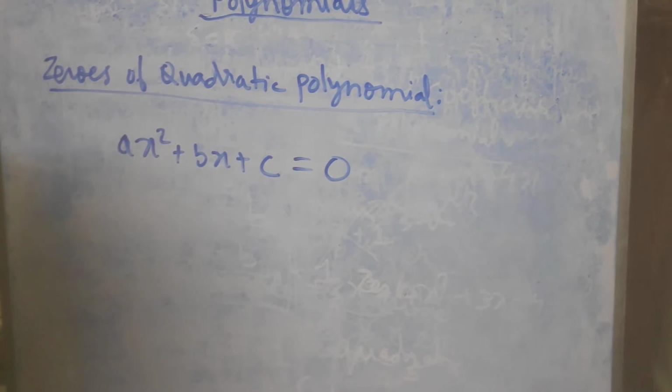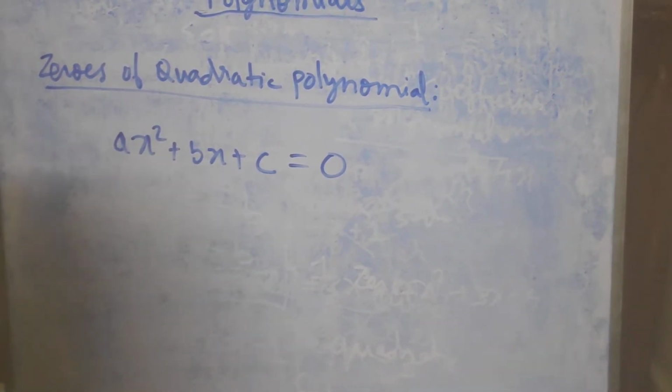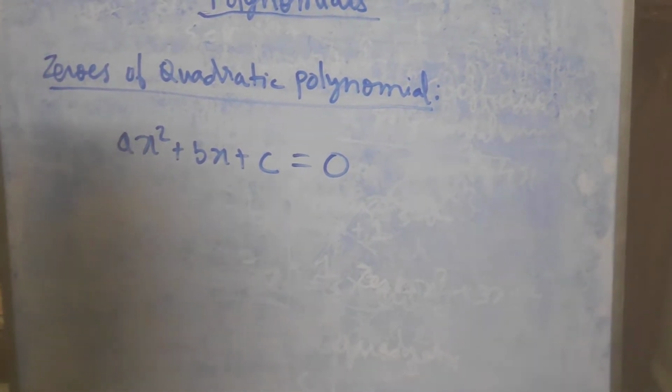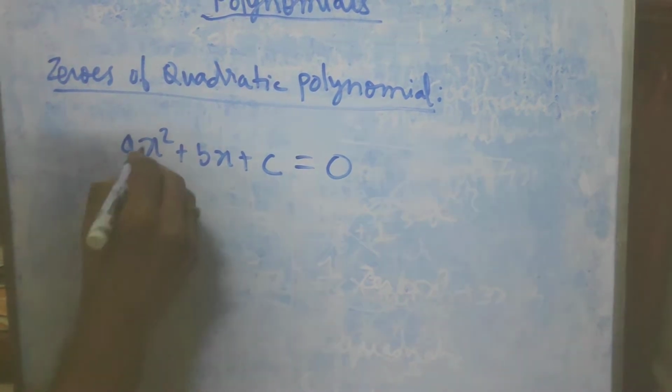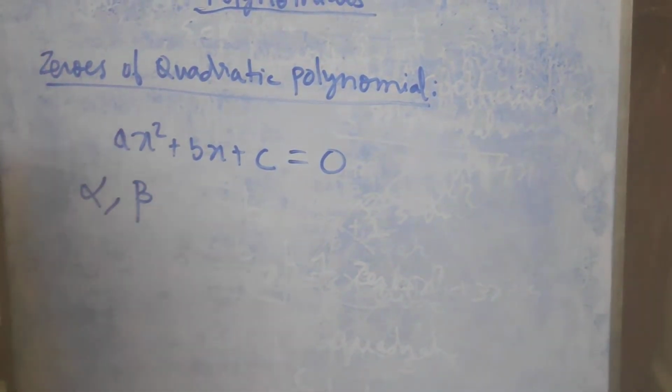As we know, what does the zero of a polynomial imply? Suppose alpha and beta are the two zeros of the polynomial.